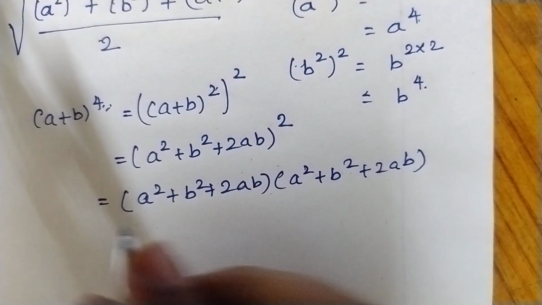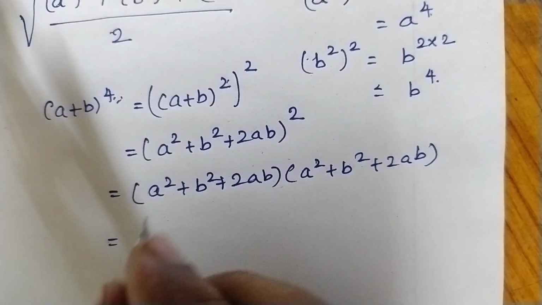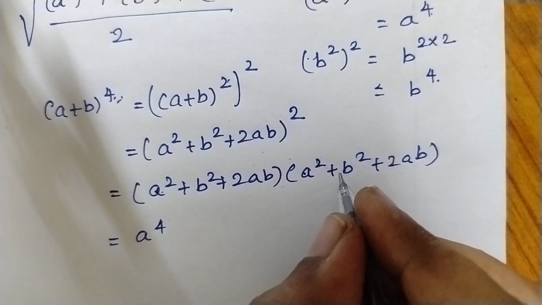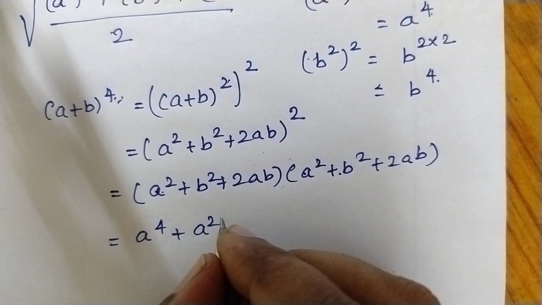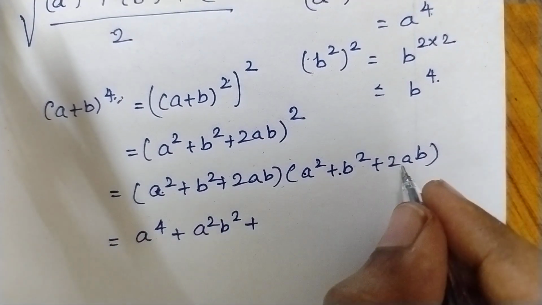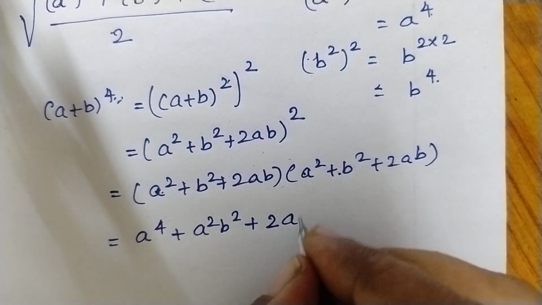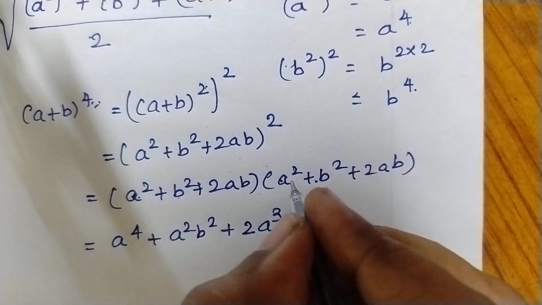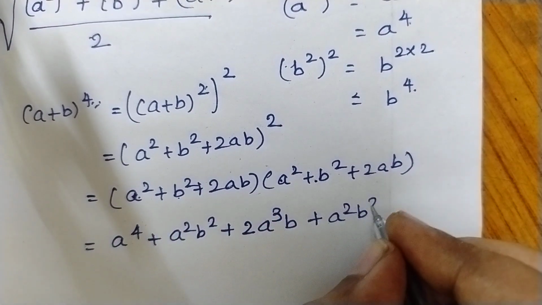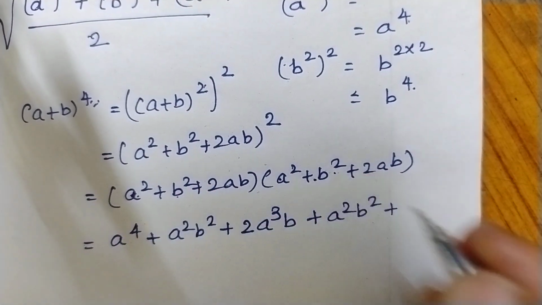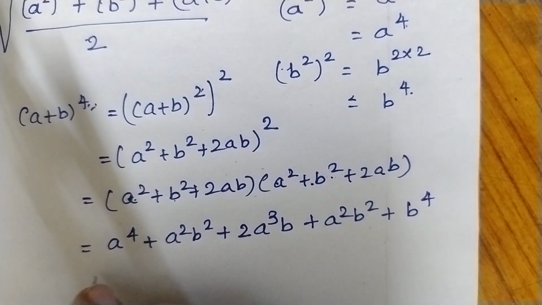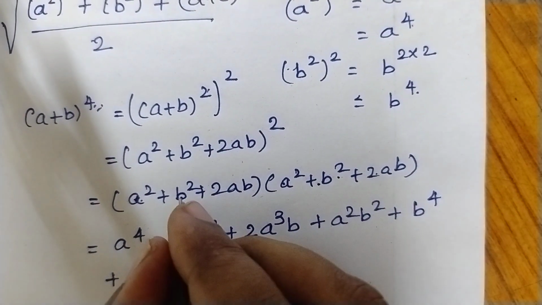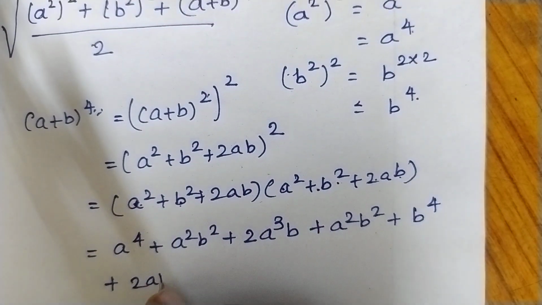Is it? So now I am going to multiply individually. A square into A square, A power 4. A square into B square plus A square, B square plus A square into 2AB, 2A cube B. Okay. Plus B square into A square, B square plus B square into B square, B power 4 plus B square into 2AB, 2A, B square into B is B cube, right?